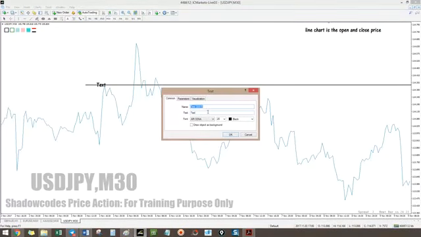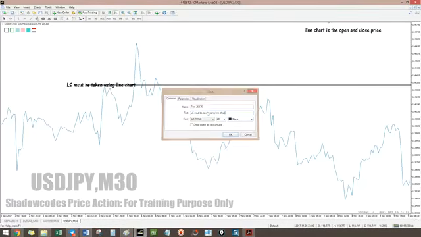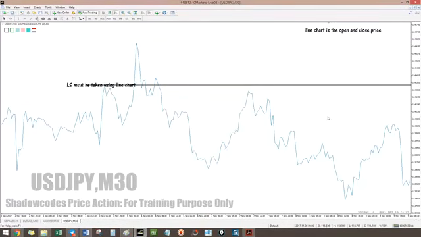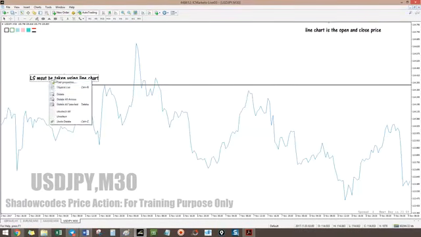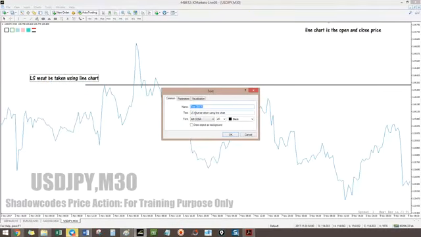LS must always be taken using the line chart. I already made it simple. I do not want to use the words open and close price, as it looks really advanced and difficult, which might confuse a new trader.